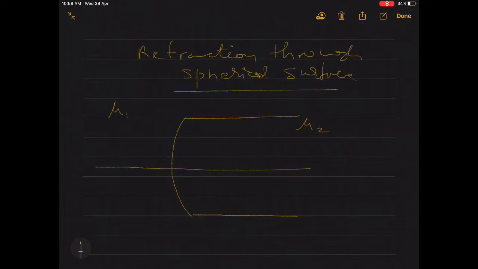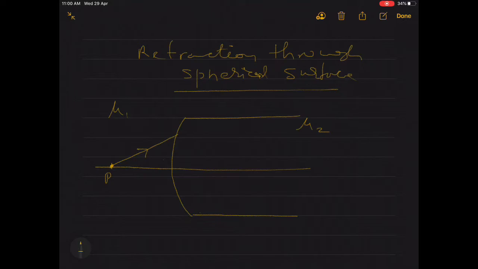On this principal axis, let us consider a point object at this point P. We are taking two rays originated from this point.